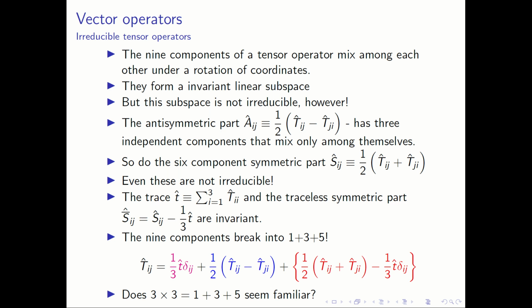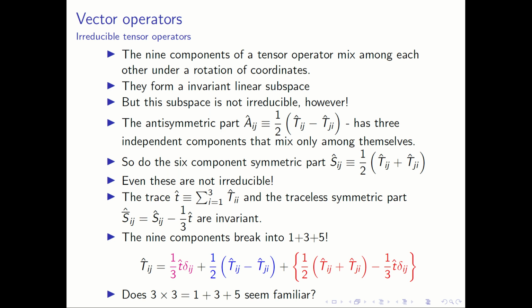So the subspace formed by linear combination of the 9 components of a Cartesian tensor of rank 2 is an invariant subspace under rotations. However, we had also seen that this subspace is not irreducible, in the sense that within this subspace there are smaller subspaces which are themselves invariant under rotations, which means that they don't mix with the other elements in that subspace.